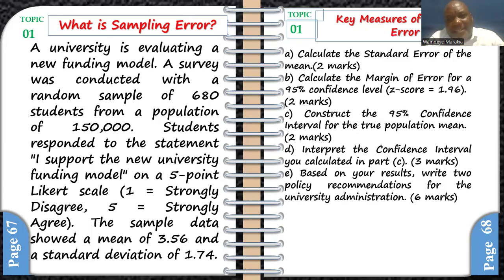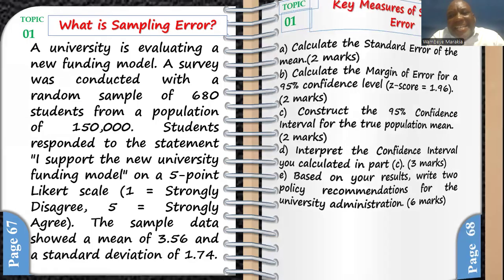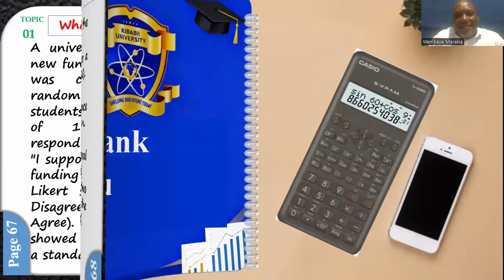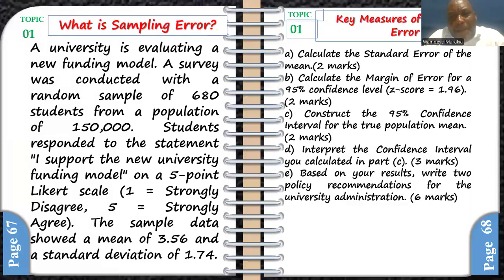Part D, interpret the confidence interval you calculated in part C above. Part E, based on your results, write 2 policy recommendations for the university administration.